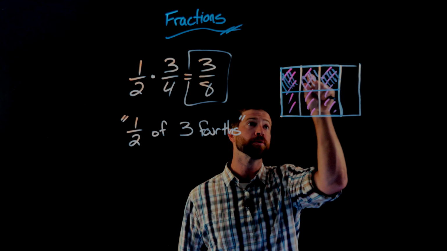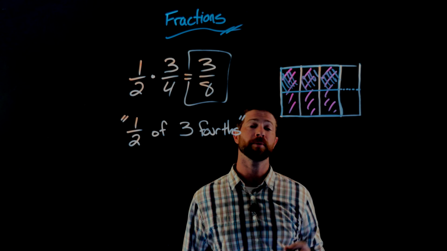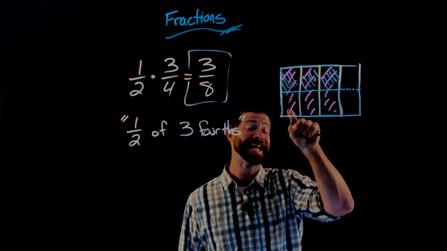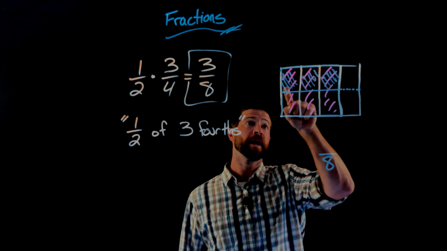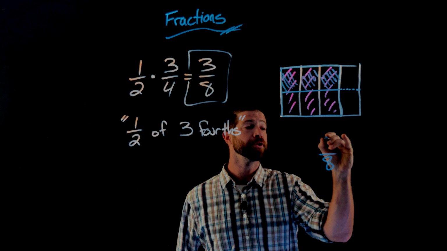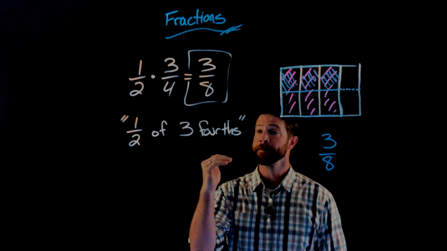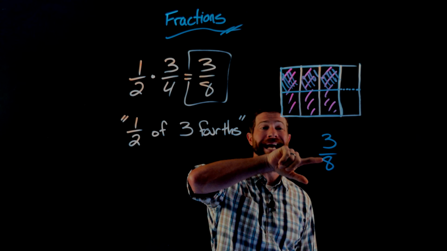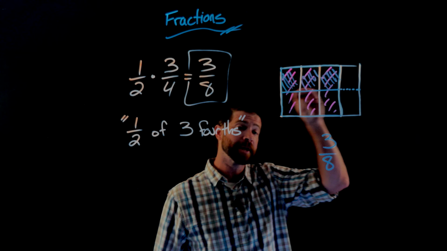How many of these little rectangle pieces are in the big rectangle? If I continue out this line right here, I can count the types. So this is 1, 2, 3, 4, 5, 6, 7, 8. There are 8 pieces. And I've colored in 3 of those, or I've chosen 3 of those pieces. That is a half of 3/4. When you cut the 3/4 in half, you actually are now dealing with 8ths. And that's the visual right here. I have my big fourths. I cut them in half.